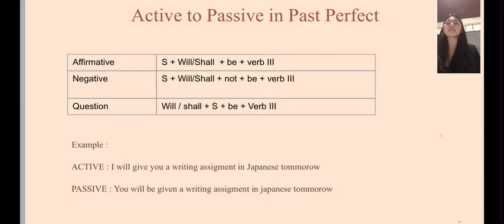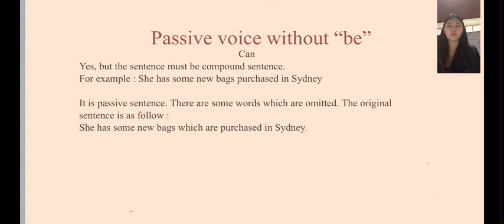Okay, next they are passive voice without be. Can passive voice be without be? Okay, yes, that can. But the sentence must be a compound sentence. For example, she has some new bags purchased in Sydney. It is passive sentence. There are some words which are omitted. The original sentence is as follows.